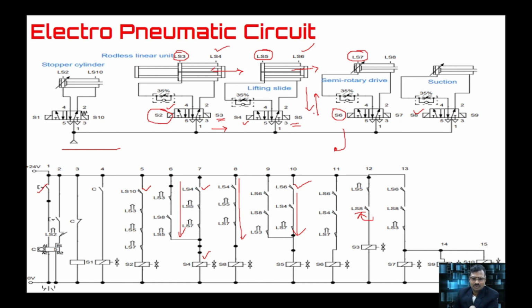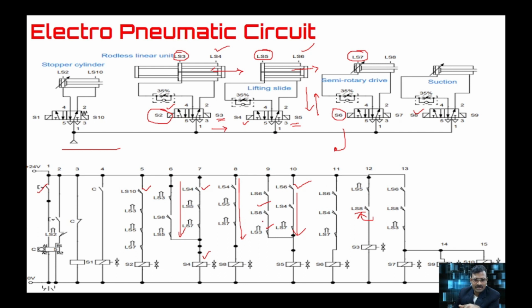Once it has reached the home position of the rodless linear unit, that means LS3 will get actuated. It has to go down again. Okay, so you can see LS3 is getting actuated, that is, the rodless linear unit comes back to the home position. LS8, the semi-rotary actuator, is in the rotated position, the extended position, and LS6 is the lifting slide extended position. When these conditions are there, it has to go down again.